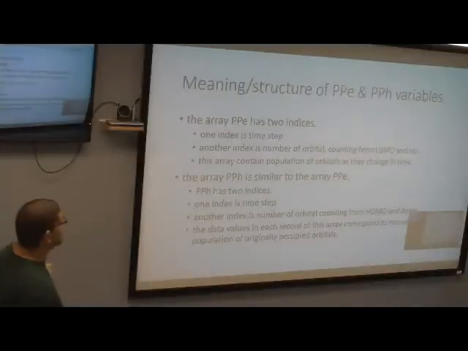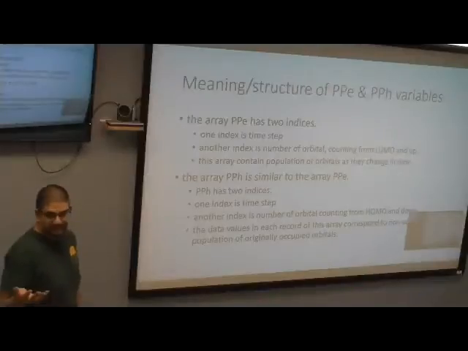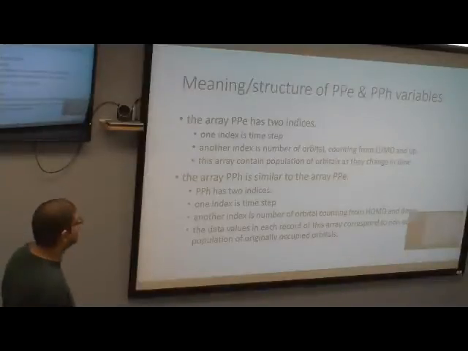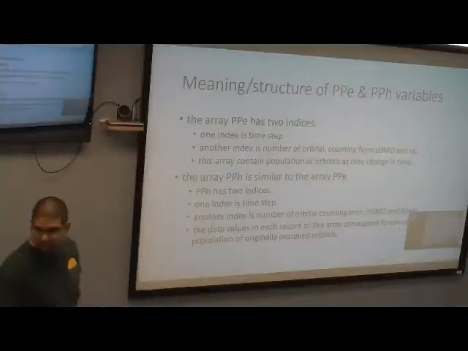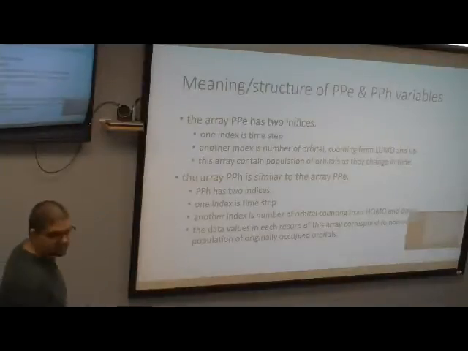The population of the electron orbital is an array, which is a matrix, not one-dimensional but two-dimensional. Good. So the array has two indices. One index is the time step.